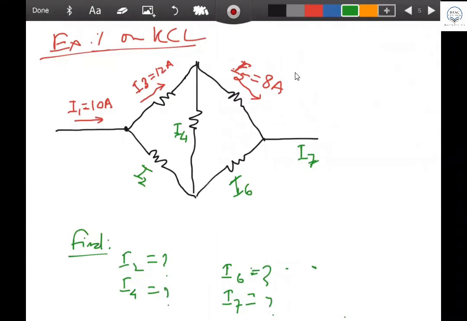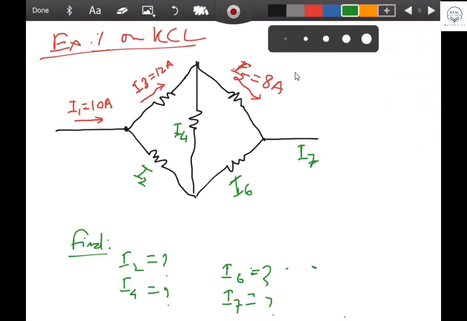Now the values are given for the red currents I1, I3, I5. Now how can you find I2, I4, I6, I7? That question is coming now. First thing you have to do, listen very carefully: you have to assume the direction of the current flow arbitrarily, no problem.